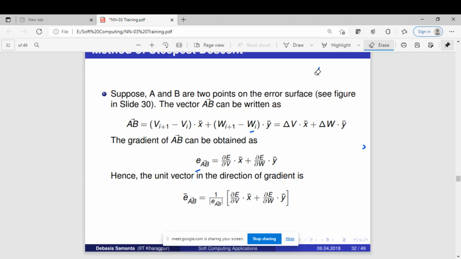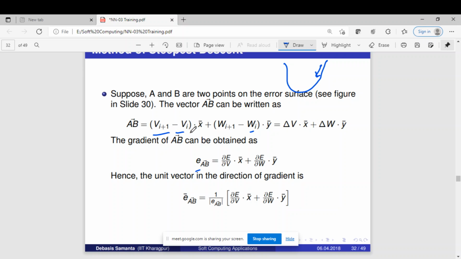It is points on the solution space. This is one solution, this is also one solution, but this solution is better than this solution. So when you move from one solution to another solution, that can be represented as a vector.